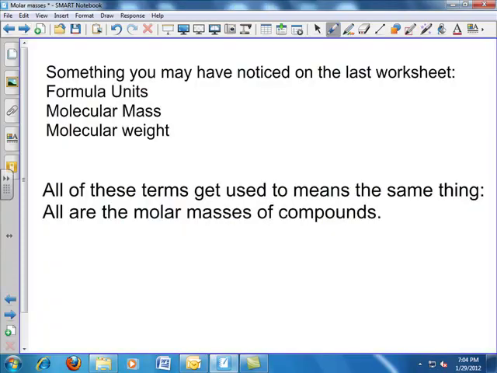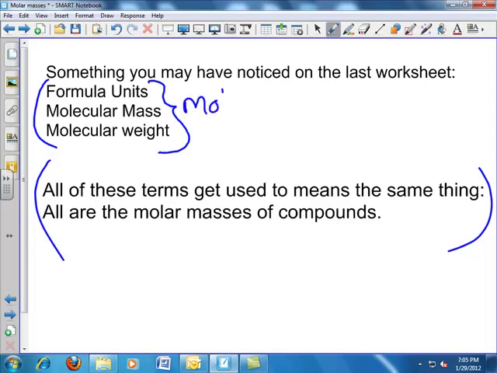Now, there may be one thing that you've noticed from the last worksheet, and that was at the top of that worksheet, there were these three terms. It says formula units, molecular weight, and molecular mass. But all of these terms eventually mean the same thing. All of these terms are basically the way we calculate the molar masses of compounds.